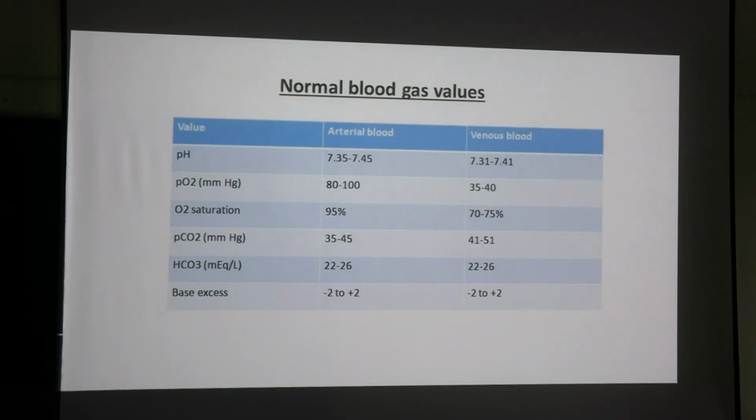Now, normal blood gas values in both arterial blood and venous blood. Okay. Arterial blood gas is important, but sometimes we don't get arterial blood, so we get the venous blood.